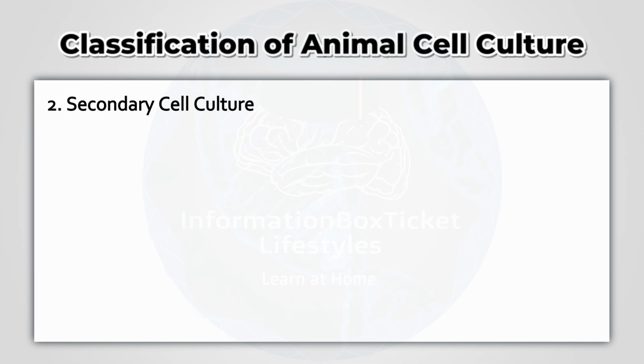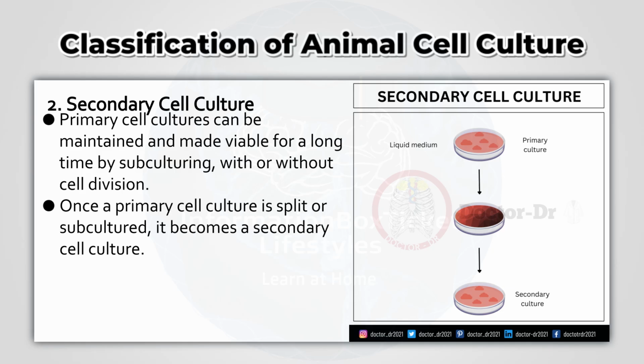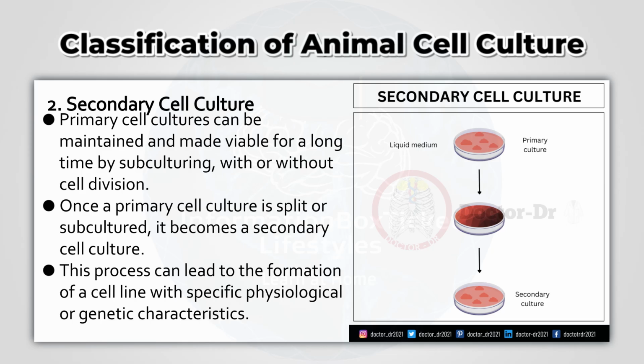2. Secondary cell culture. Primary cell cultures can be maintained and made viable for a long time by subculturing, with or without cell division. Once a primary cell culture is split or subcultured, it becomes a secondary cell culture. This process can lead to the formation of a cell line with specific physiological or genetic characteristics.